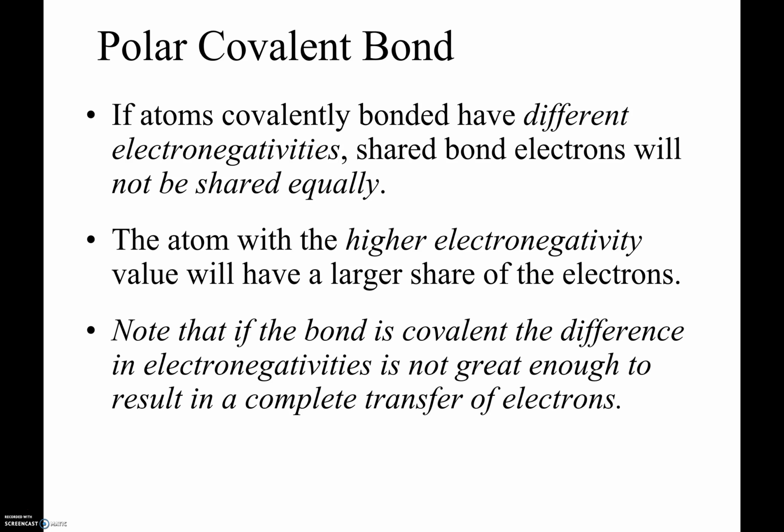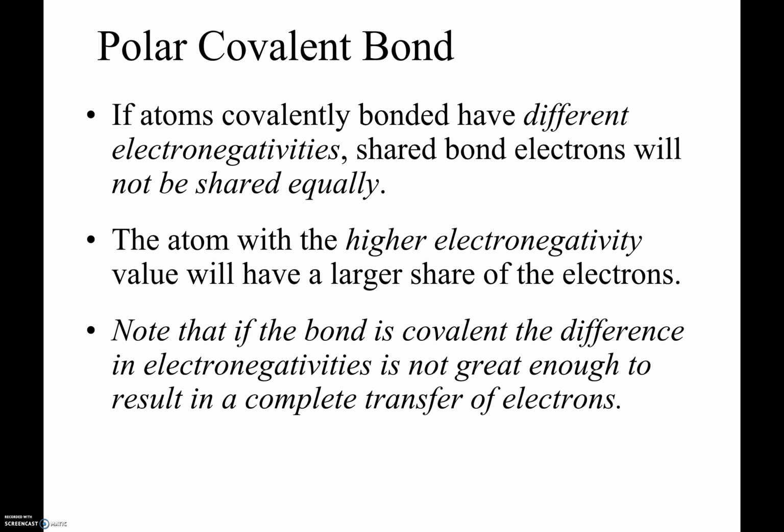So we had an electronegativity difference of 1.0 here. In Chem 1 I talked about if that pushes to about 1.7 or greater, the atom with higher electronegativity will actually take an electron.